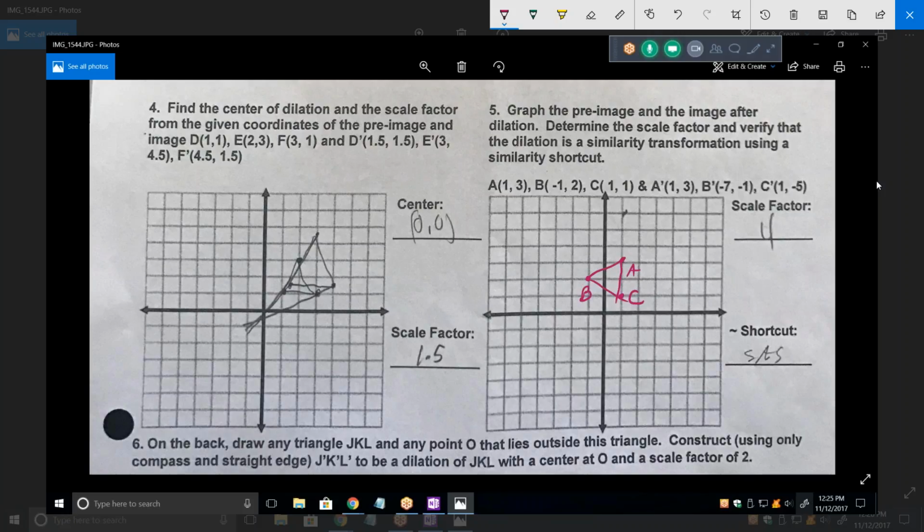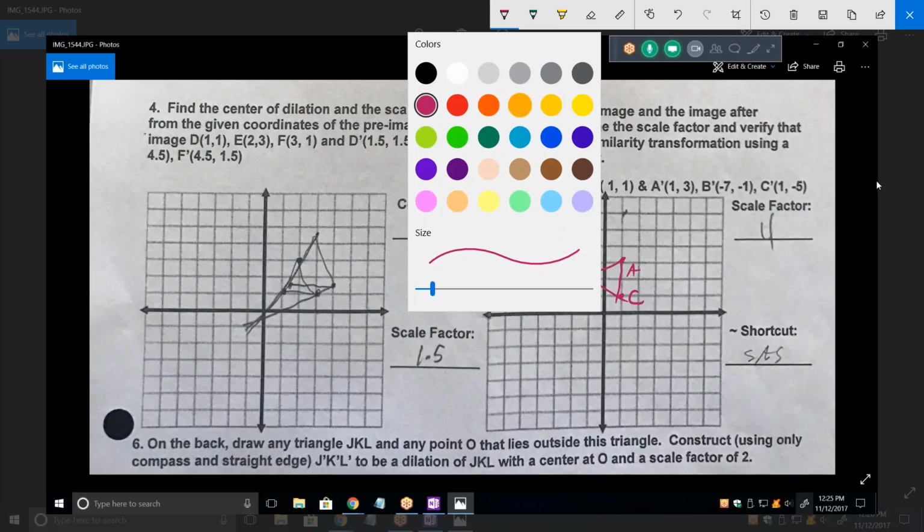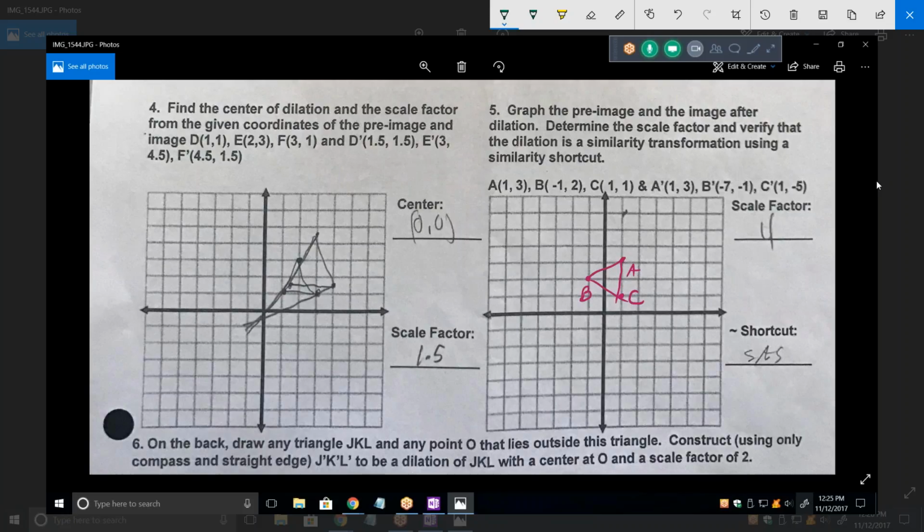And then A prime, let's use a darker color. Let's use green. A prime is (1, 3). It's weird. B prime is (-7, -1). 1, 2, 3, 4, 5, 6, 7.